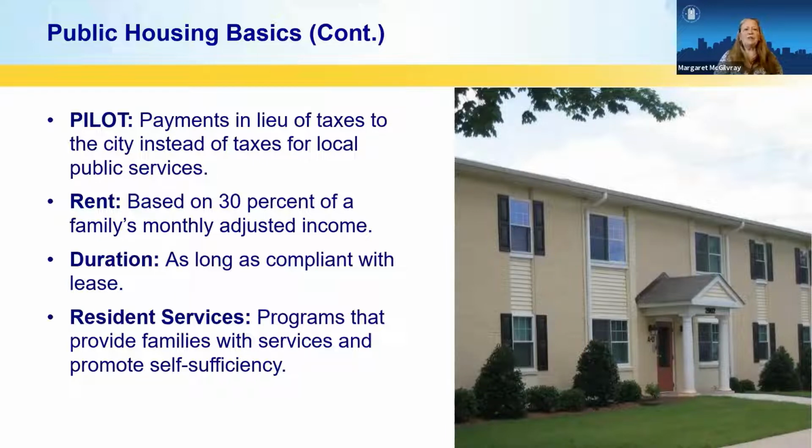Generally speaking, it's 30% of the monthly adjusted income, but it does decrease based on some of those deductions. PHAs also have a minimum rent, and that can be set by the housing authority. It is at least $25 or higher, but generally is not too high because it's not meant to cause undue burden on the families.